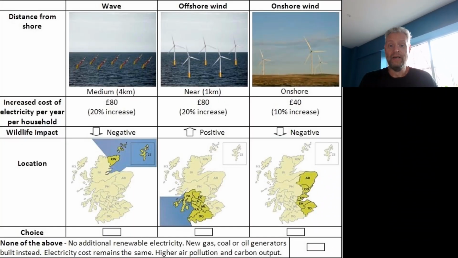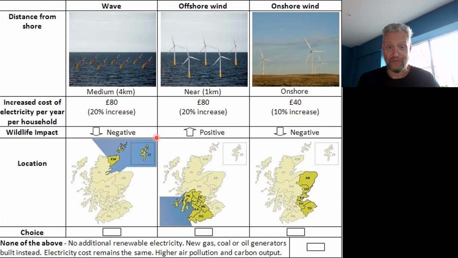Here's an example of a contingent choice study where people were asked, what do you think about wind power? This is renewables. Would you like wave power or offshore wind or onshore wind? Come at different costs.